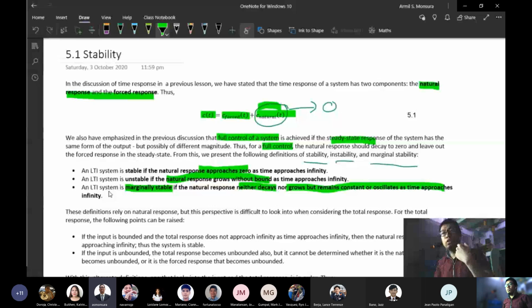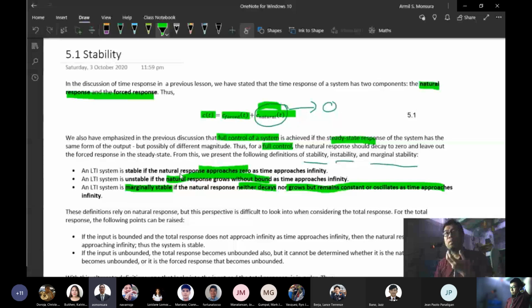Kung ang natural response niyo mag-oscillate at nananatili, at yung oscillation niya has a constant amplitude, o kaya kung hindi man siya nag-oscillate, magme-maintain siya ng isang constant value, then your system is said to be marginally stable. Yung natural response lang pinag-uusapan natin. So ayun, yun yung tatlong definition ng stability.